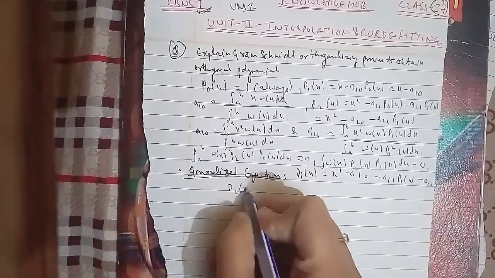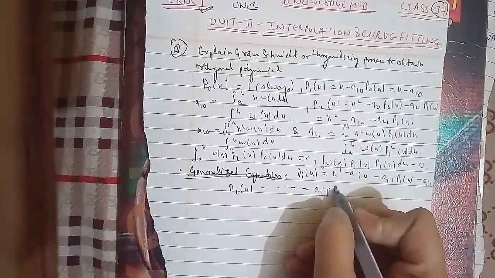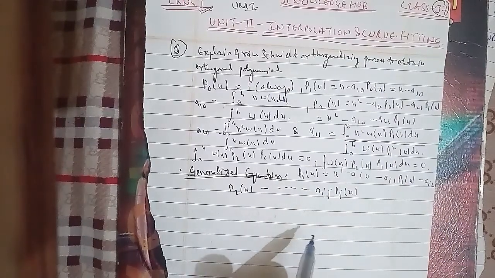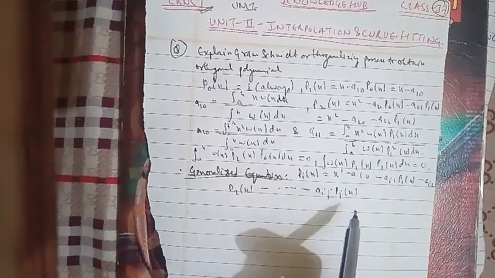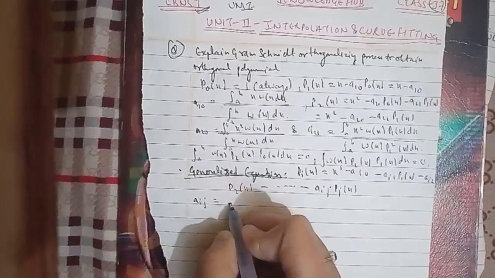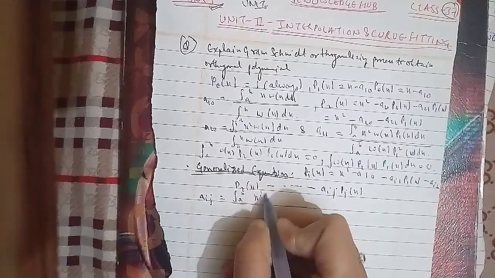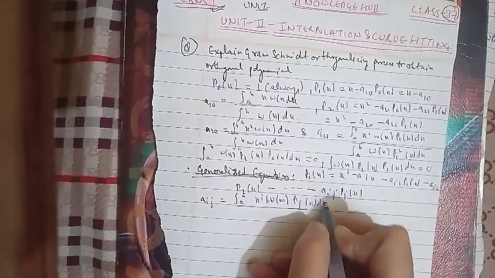Here aij, where j equals 0, 1 up to i minus 1, are the constants to be determined, and aij equals the integral from a to b of x to the i w(x) pj(x) dx upon the integral from a to b of w(x) pj square(x) dx, where j equals 0, 1 till i minus 1.